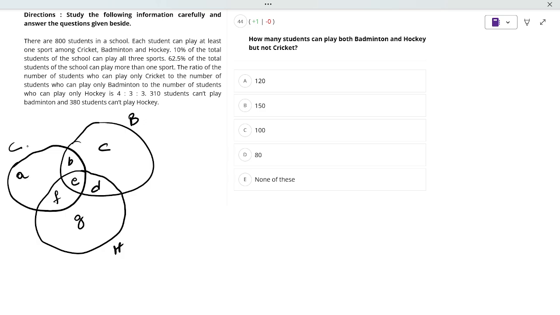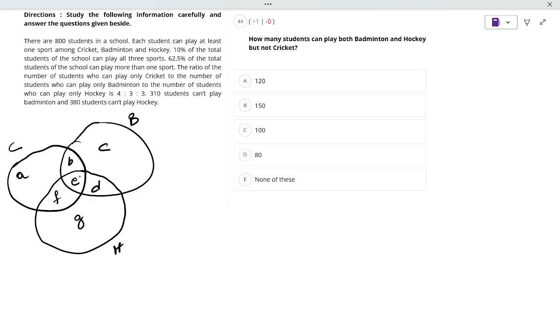So those people who played cricket are A, B, E and F. Those people who played badminton are C, B, E and D. And hockey, the remaining ones. Now this E plays all the sports. That means E is under cricket territory, badminton territory and hockey territory, right?